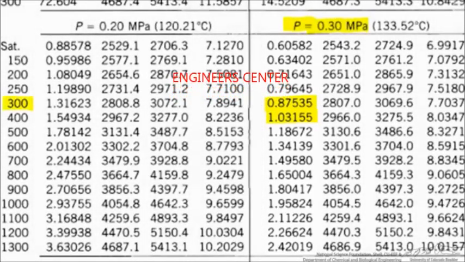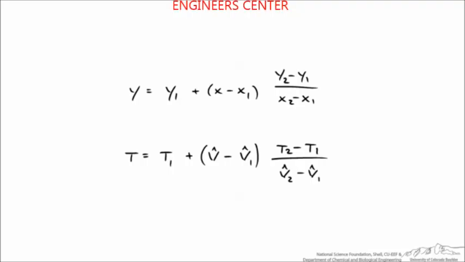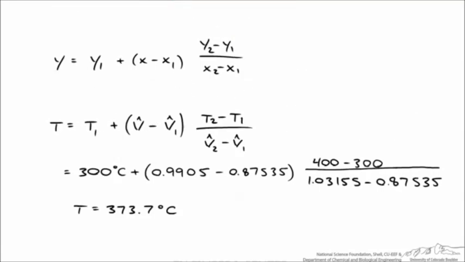The first one corresponds to a temperature of 300 degrees C, and the second one corresponds to a temperature of 400 degrees C. We expect to get a temperature between 300 and 400 once we interpolate. So here's a general formula for linear interpolation. Plugging in numbers, I come up with a temperature of about 374 degrees C. So this is the final temperature in the system.